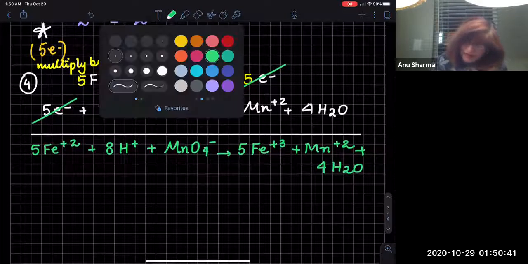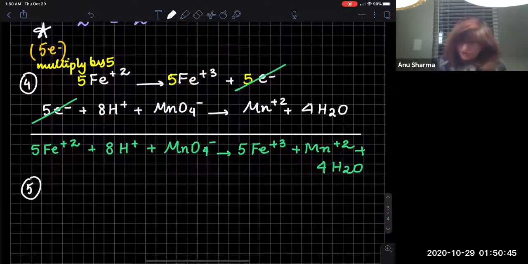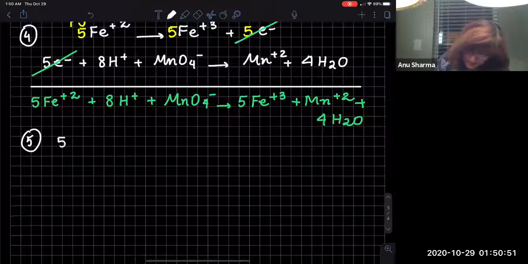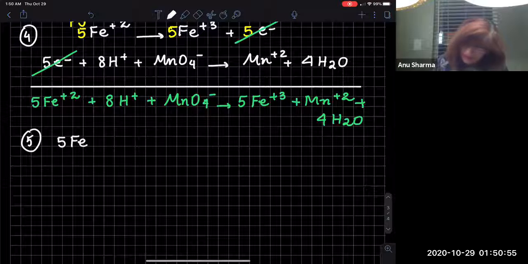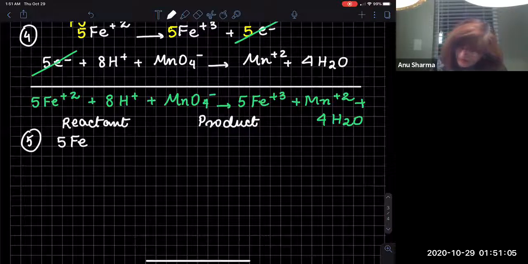Now step 5 is to check for the masses and the charges. How do we do this? We're going to look at the irons. There are 5 irons on the reactant side, and on the product side, let's look, how many irons do we have? The product side is also 5 iron.